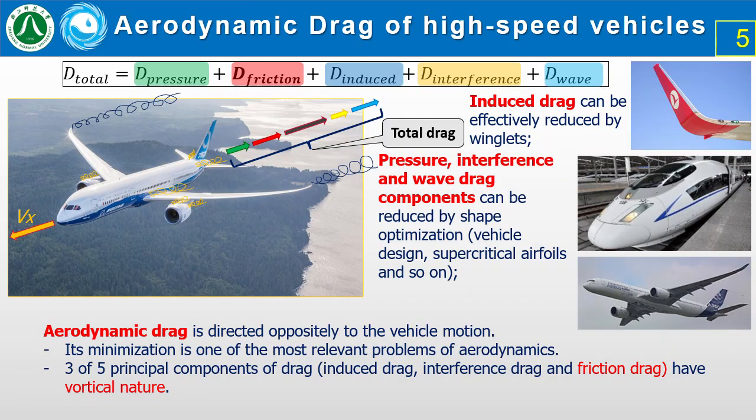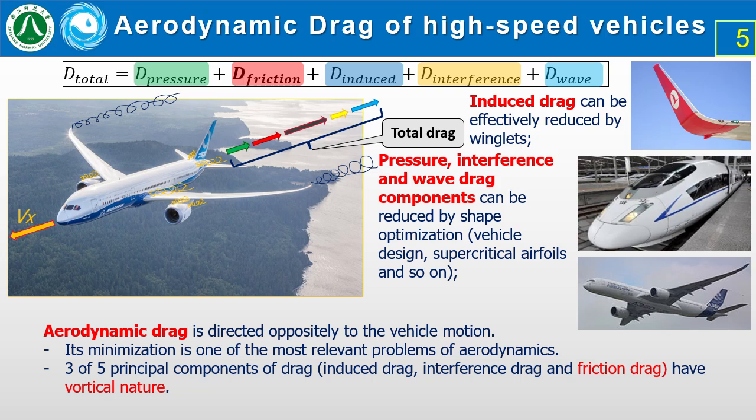The practical importance of vortex identification and control is closely related to the drag reduction technology, where drag is the aerodynamic force directed oppositely to the vehicle motion and consisting of 5 independent components. It is important to note that 3 of them, namely induced, interference, and friction drag, have vortical nature.